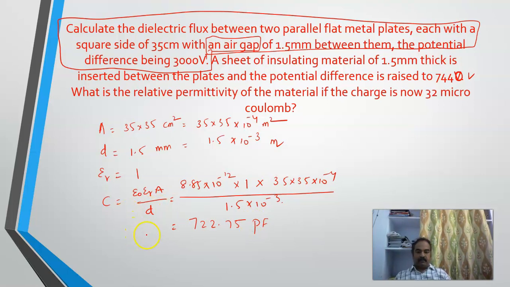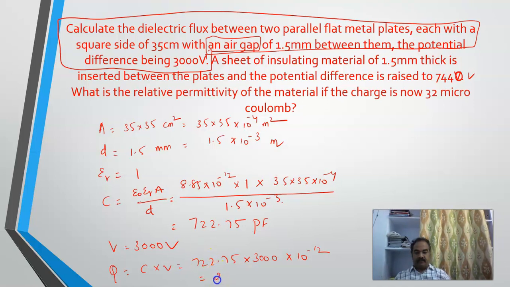Okay. Now, he has already mentioned that the V is equal to 3000 volts, and so automatically Q will become C into V. It is 722.75 into 3000 into 10 to the power of minus 12. Right. So what you will get?